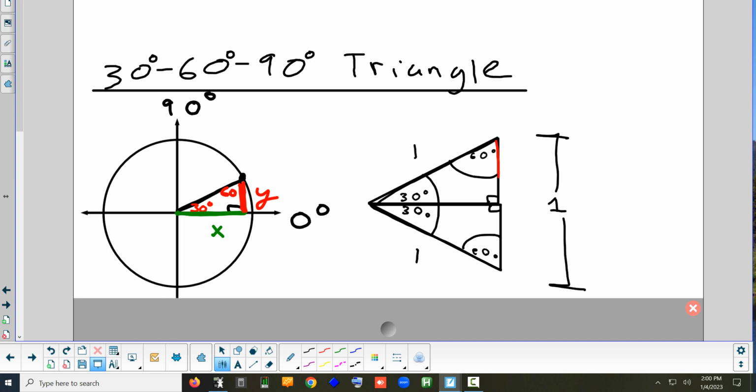And how does the side in red compare to the side in blue? How does the red and the blue side compare to each other?